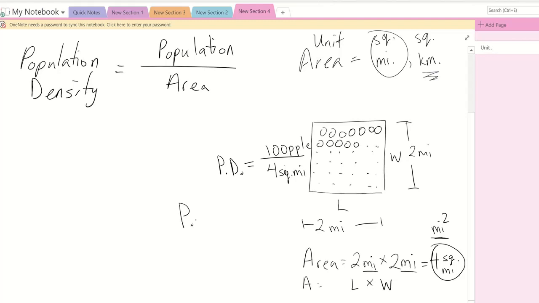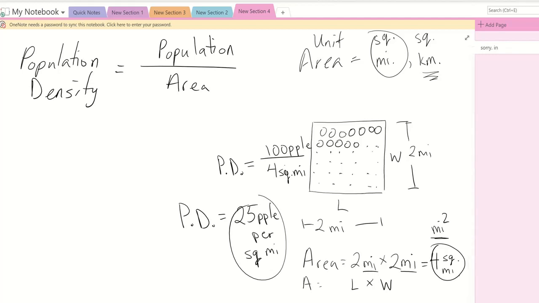So population density is 100 divided by 4, 25 people per square mile. That's your answer, that's how you find the population density. For every one square mile, there's about 25 people. So when there's an area of 4 square miles, there's a total of 100 people.